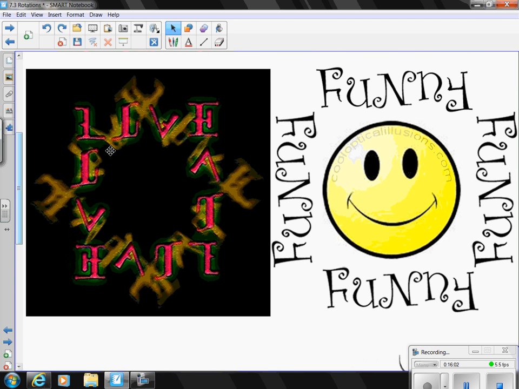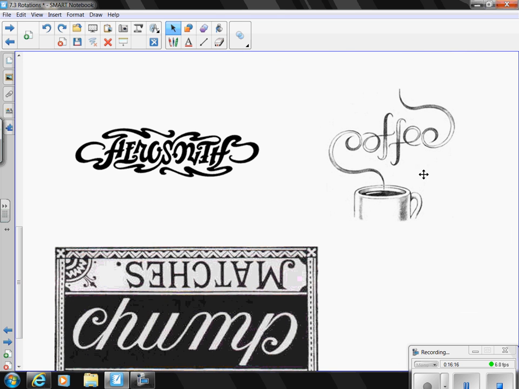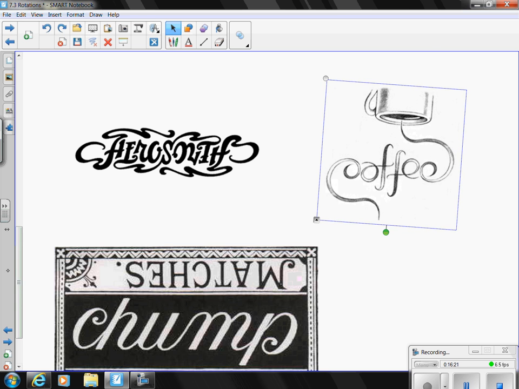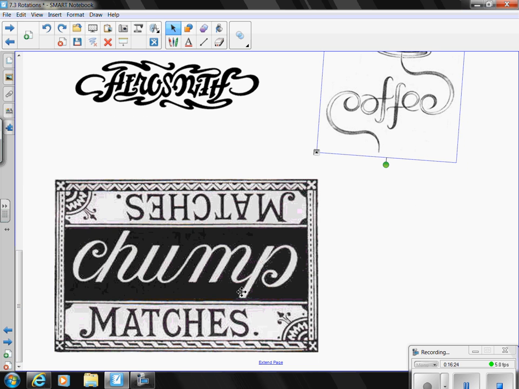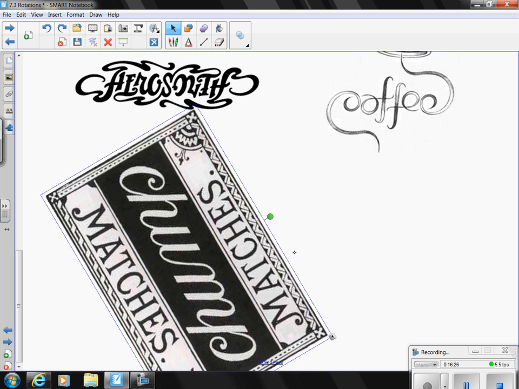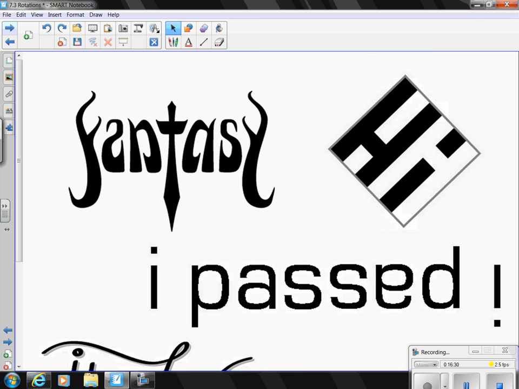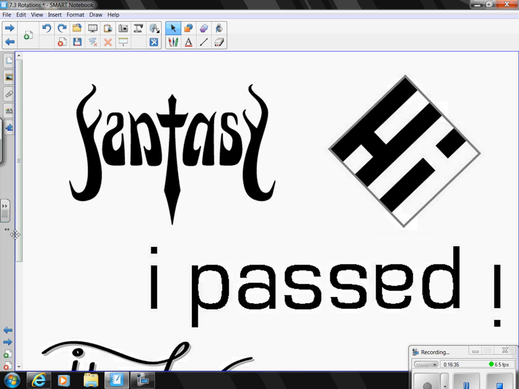This love, or live, love and hate. The F is also a Y, so that when it rotates, it works. And different things, Aerosmith, coffee, pour coffee upside down, you still get coffee. A lot of these things are just amazing to me. This one has a line of reflection. It's not really a rotational symmetry.